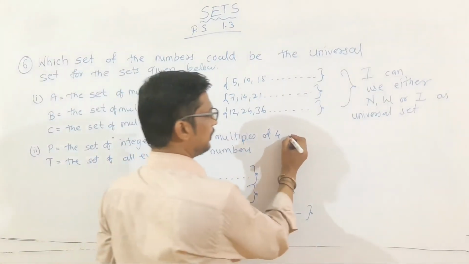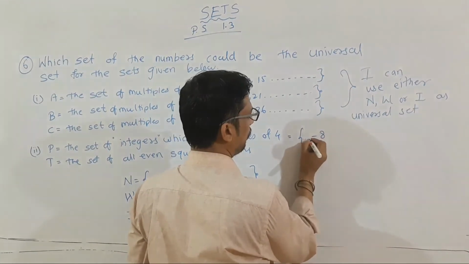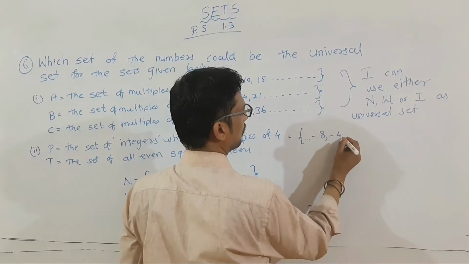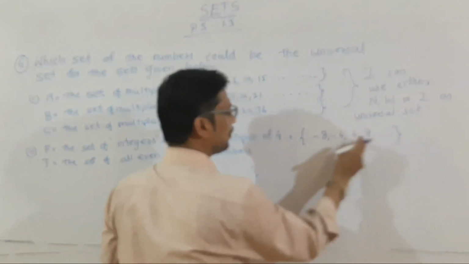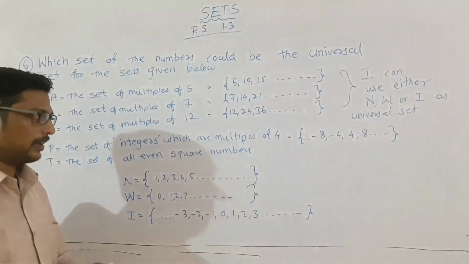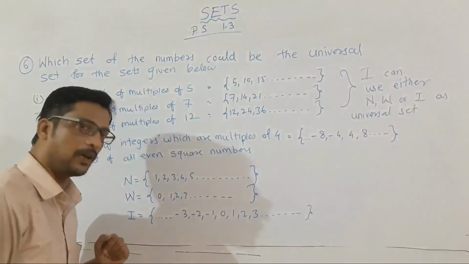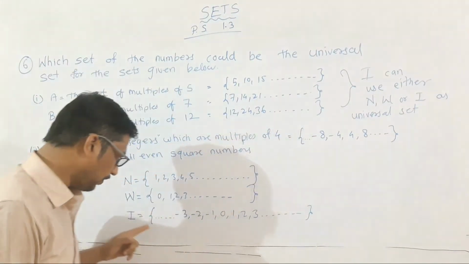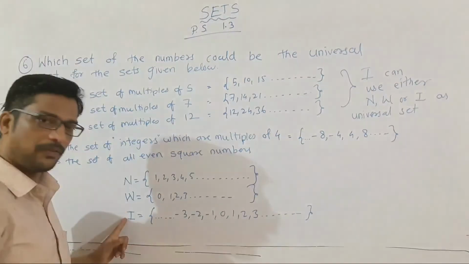Now here my set can be minus 8, dot dot dot, minus 4, dot dot dot, then 4, 8, dot dot dot. So this cannot be a subset of N. This cannot be a subset of W. So it can be a subset of what? I, isn't it? So this set can be a subset of I.